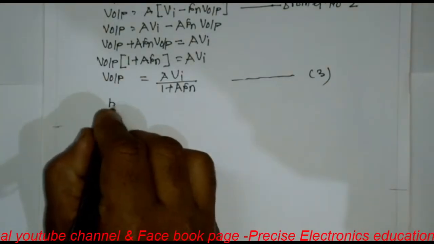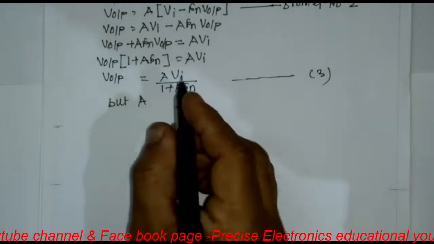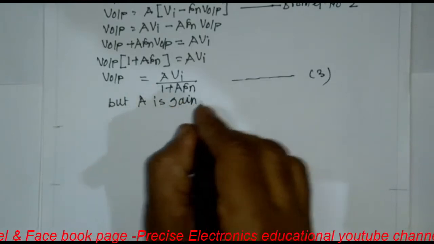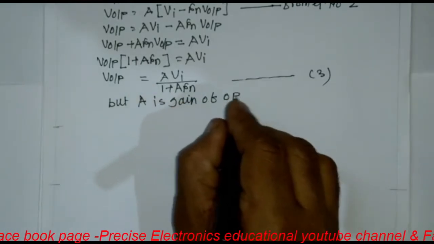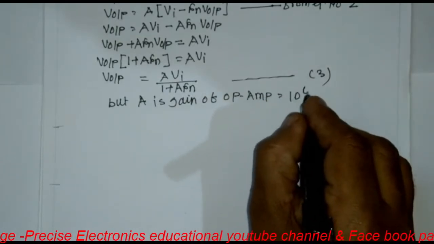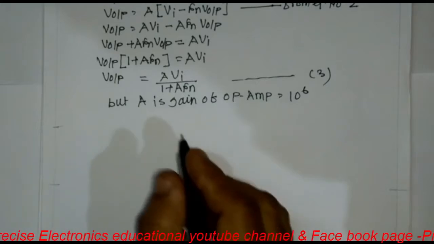What is A? A is the gain of the amplifier. It is the gain of the op-amp, and the gain of the amplifier is very high. It is 10 raised to 6.